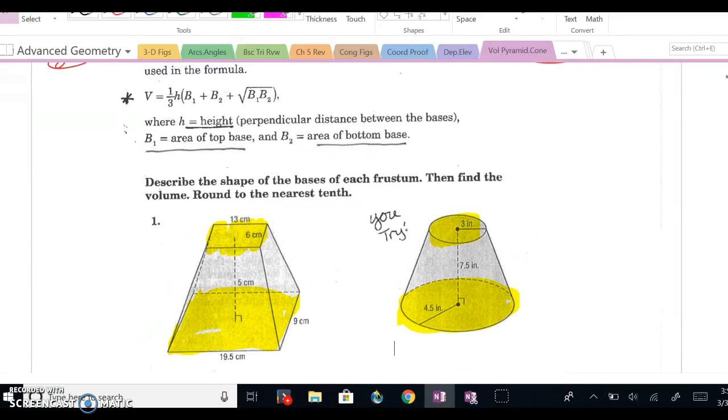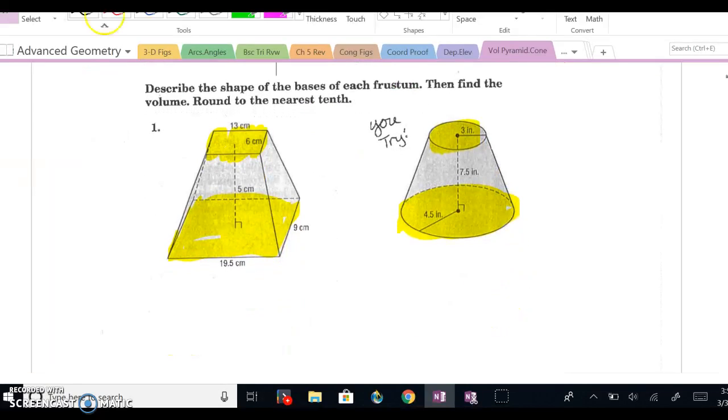All right, so what's complicated about this formula is it has all these different variables, but you have side formulas where you have to find the area of one of the bases and the area of the other base. So to find the area of a rectangular base, base 1 on this first frustum, 13 times 6 is how we would find the top here.